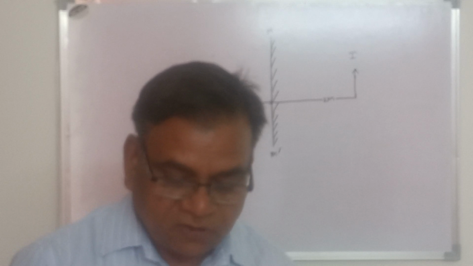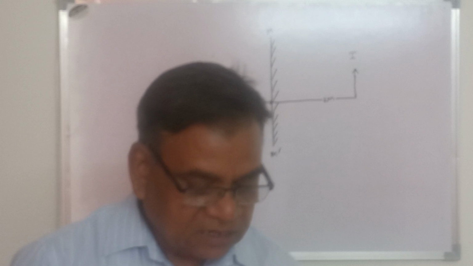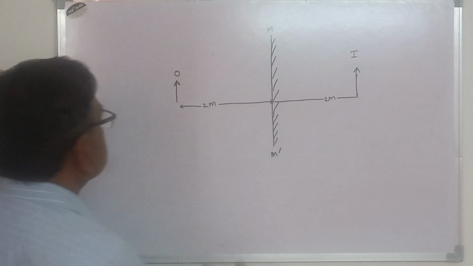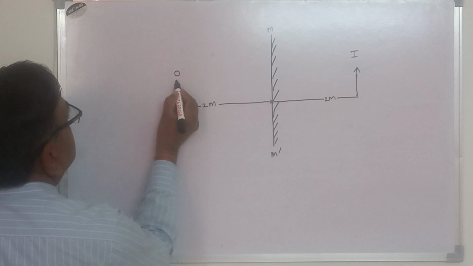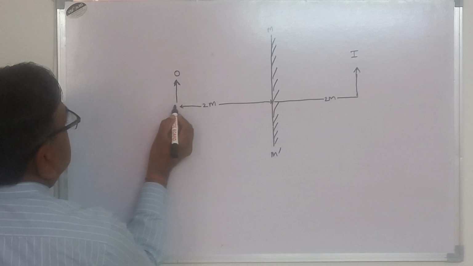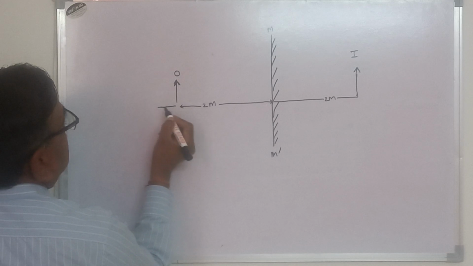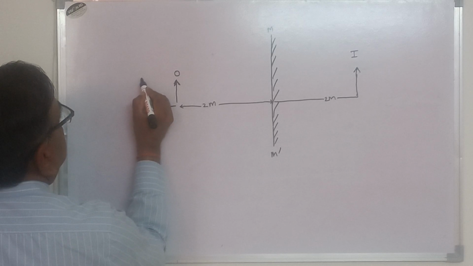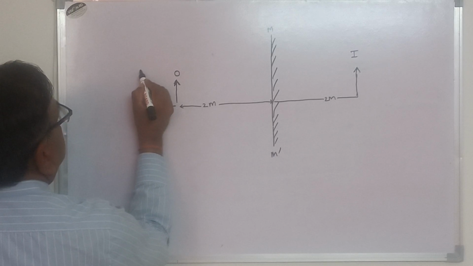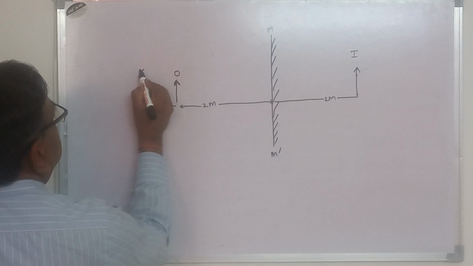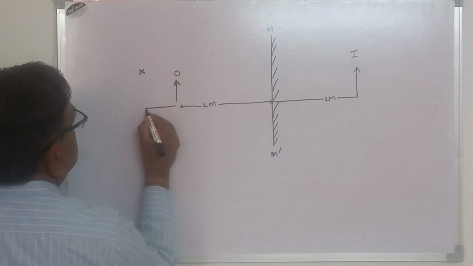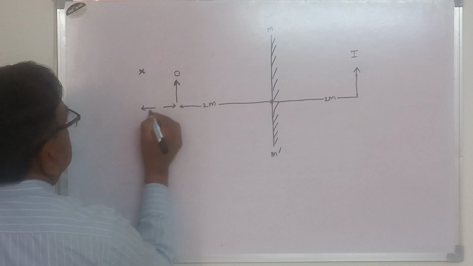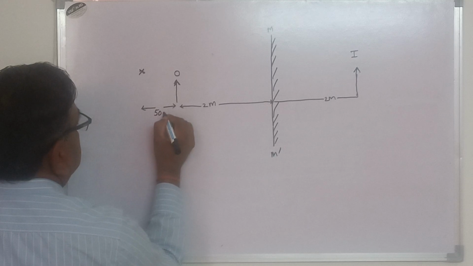How far away from his eyes does the chart appear to be? 50 centimeter in this direction. Suppose this is the chart, and this distance is 50 centimeter.